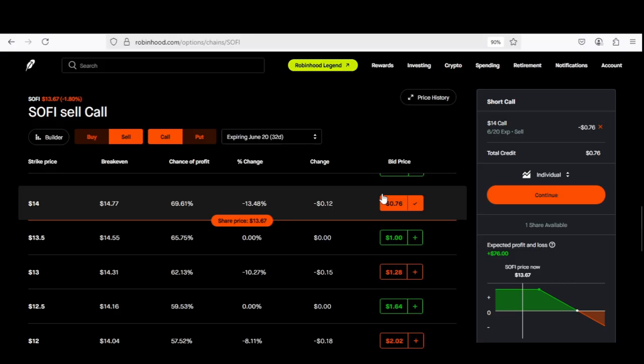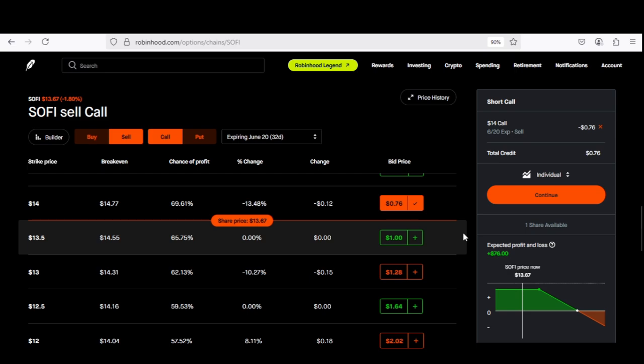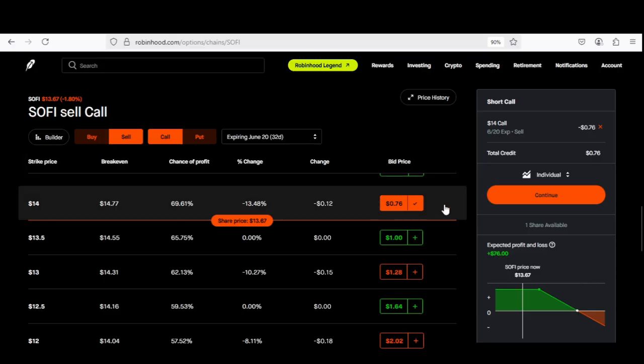I can't stress how important this initial money is for it to keep generating consistent income. So we get to keep this money right here, and then we get to keep our 100 shares. Now, the 100 shares you have to use as collateral in order for you to do this option strategy.